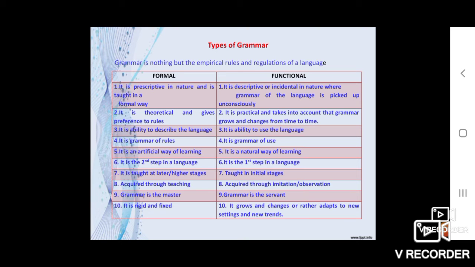So in what way we have to use the English language, it is the ability. Functional grammar means it is the ability of a person. He can handle every situation or face the situation by using his knowledge of the English language.